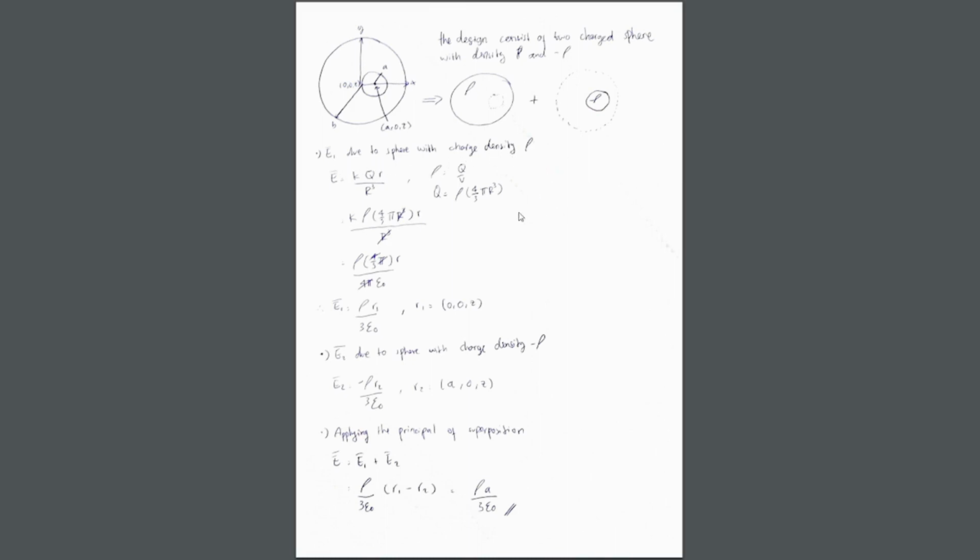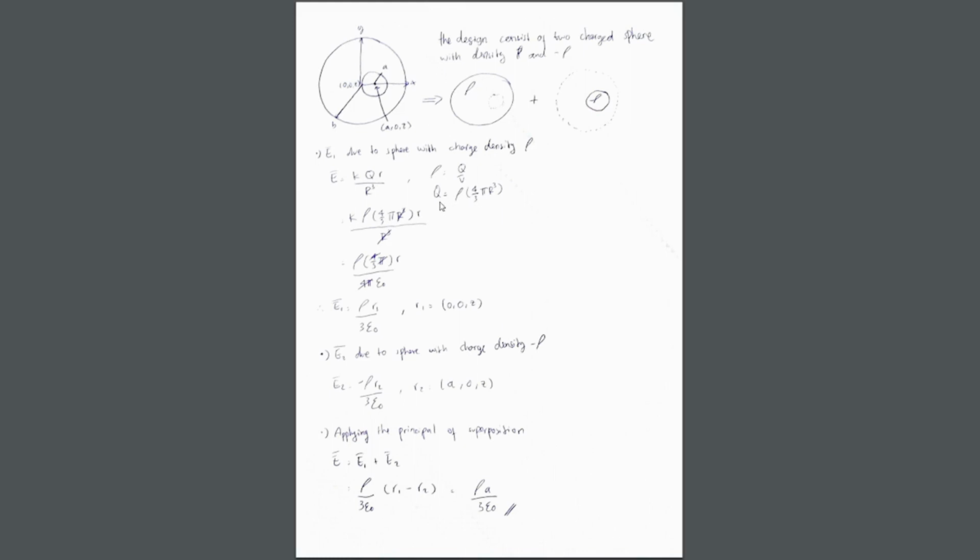We know that E is equal to K times Q times R over R cubed. We also know that rho is equal to Q over V, so to find Q we move the V to the other side. Then Q is equal to rho times 4 over 3 pi R cubed.